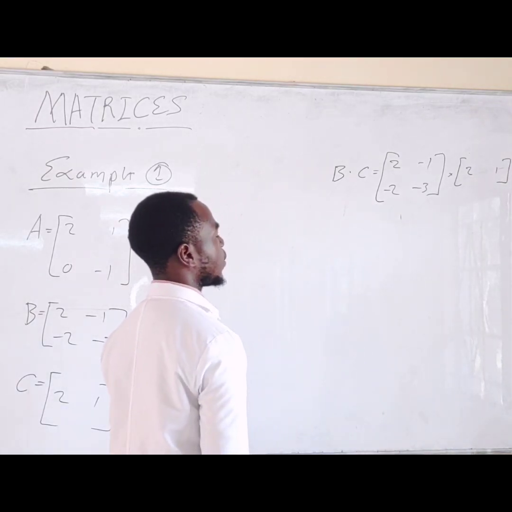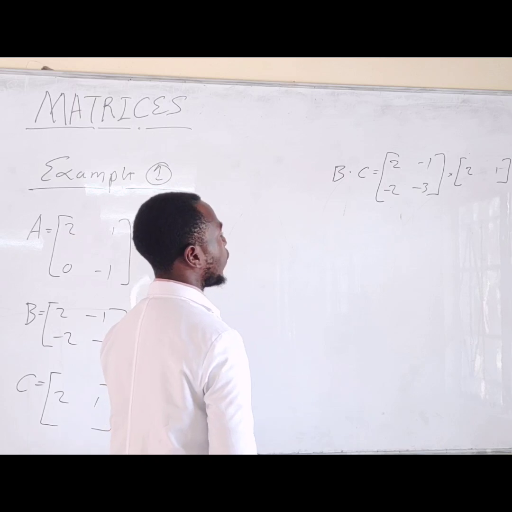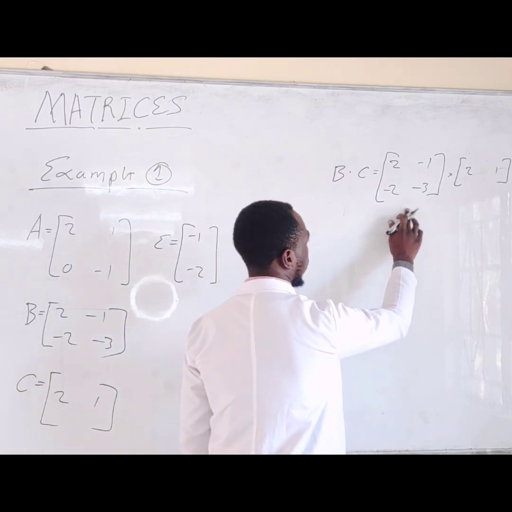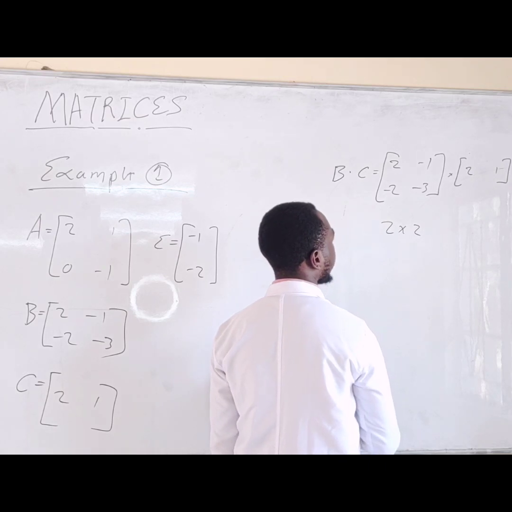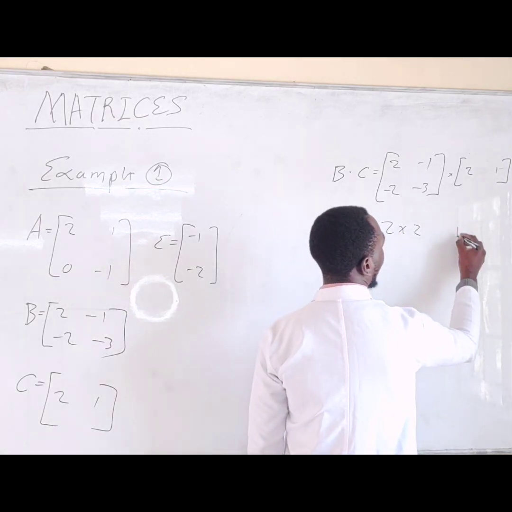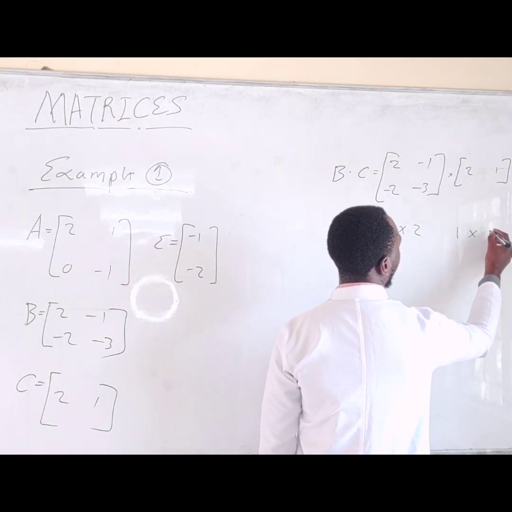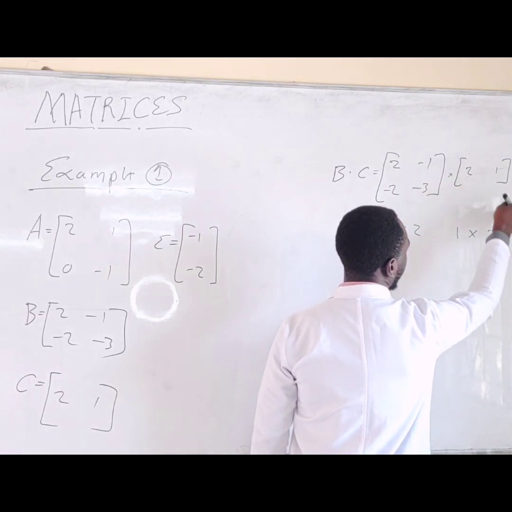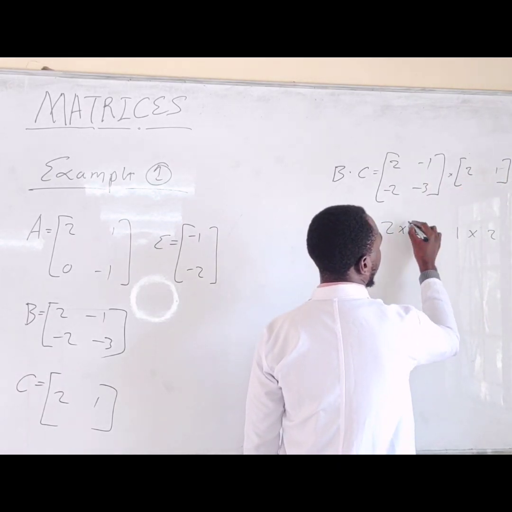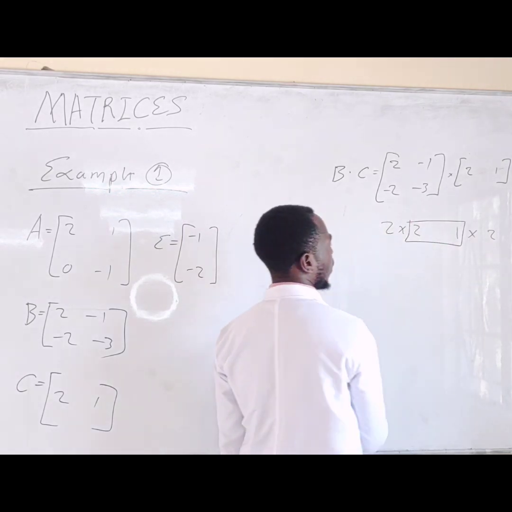When you get something like this, before you multiply those matrices, you have to come up with the order. What is the order of this matrix? Is 2 by 2. Is it okay? Yes. What is the order of this one? 1 by 2. We have one row, we have 2 columns. So you're going to get something like this. Then you are going to do something like this.